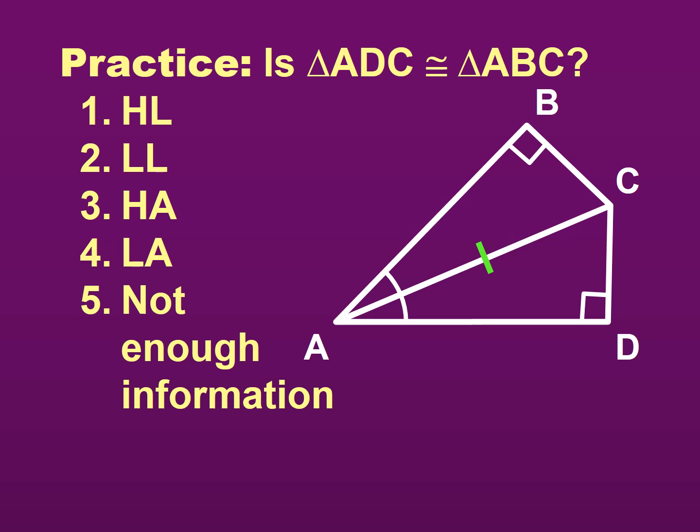And then we also have this other angle because they're right triangles. So if they're right angles, then that means that we have a hypotenuse and we have an angle. So a hypotenuse angle would be our reason.